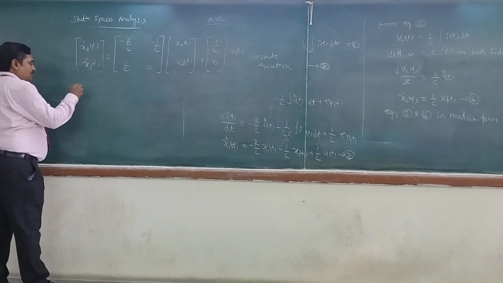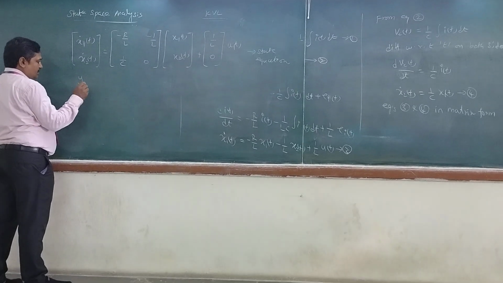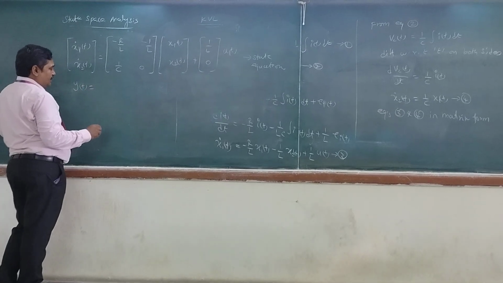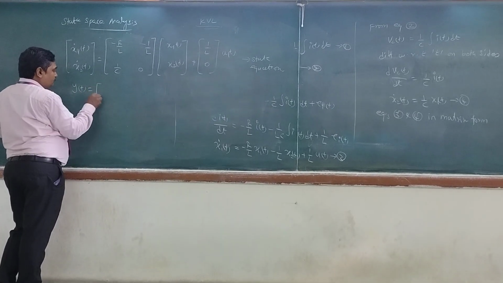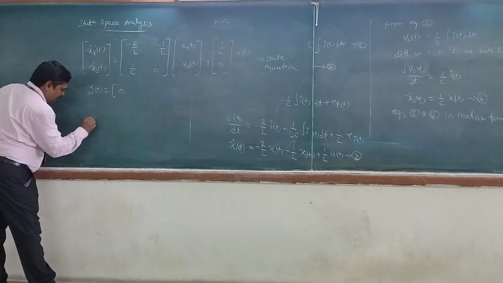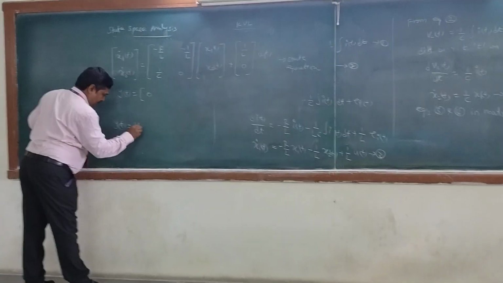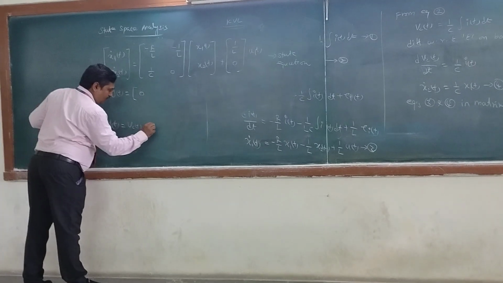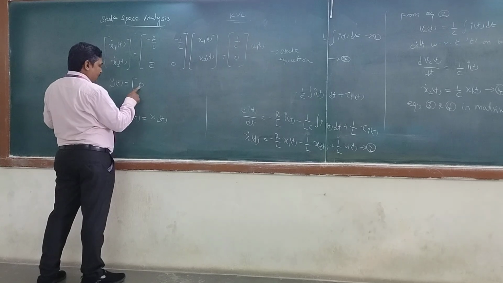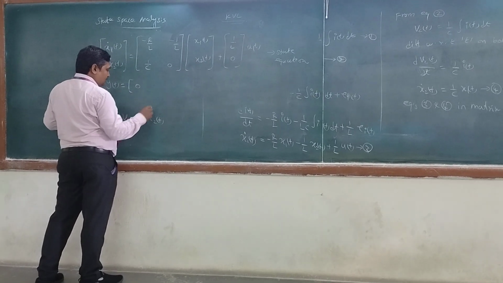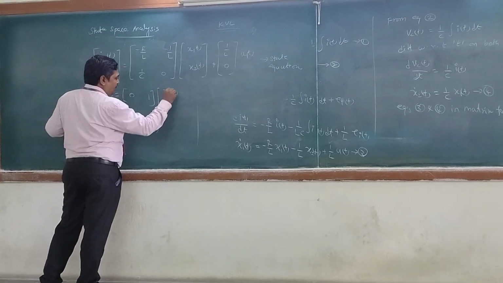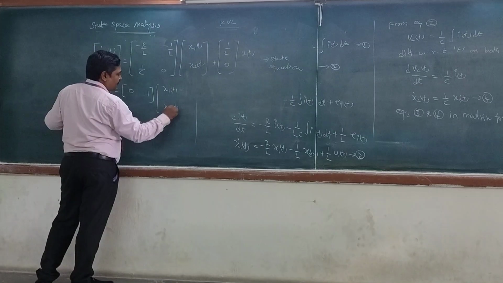Then the output equation. The output is measured across the capacitor, so the voltage across the capacitor is x2. There is no x1 term, so y of t is equal to x2: the x1 coefficient is 0 and the x2 coefficient is 1, multiplying x1 of t, x2 of t.